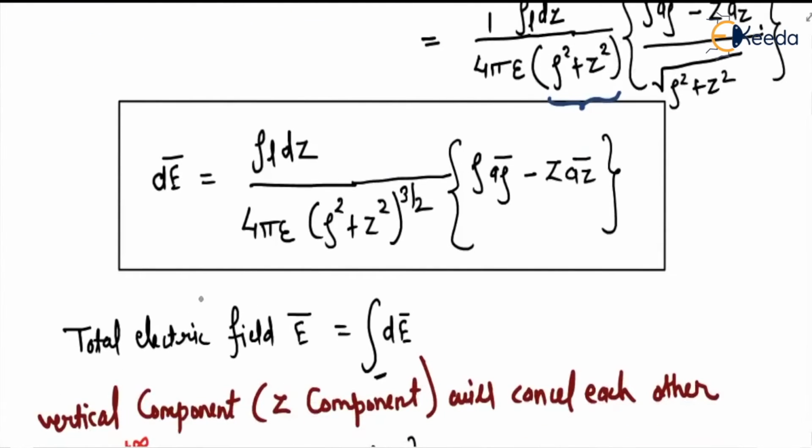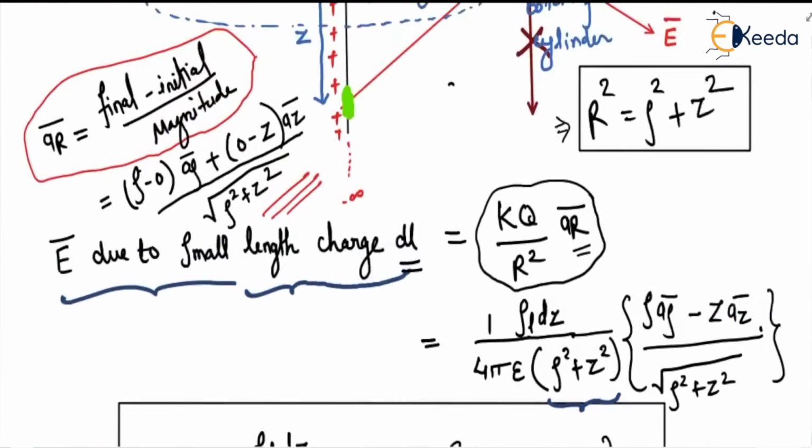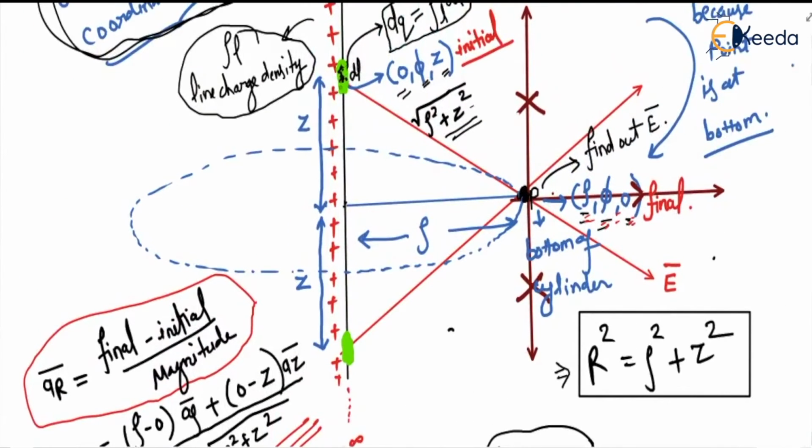When we calculate the total electric field, we have to integrate this expression. Now due to symmetry, the z component will cancel, because a section which is above at height z from the bottom has a corresponding section below at height z from the bottom.